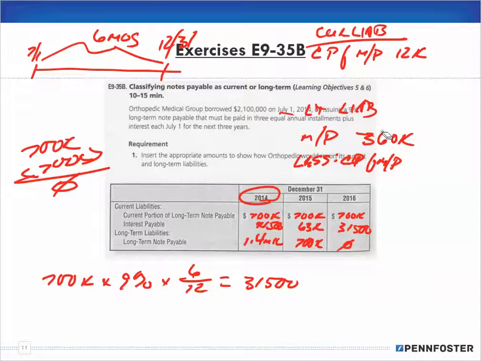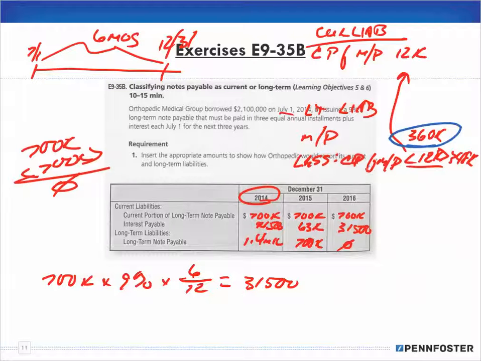So that's the 360,000 less the 12,000, which you put up here, and that gives you the book value of $348,000 as the actual long-term portion of the mortgage payable. So when you're looking at the balance sheet, you can see that the mortgage payable is 360,000, that the current portion is 12,000, and that the long-term portion is 348,000.